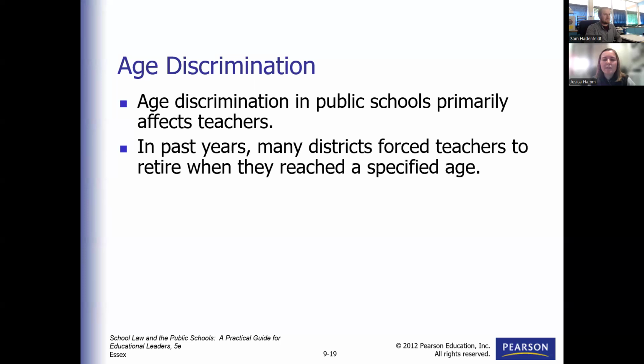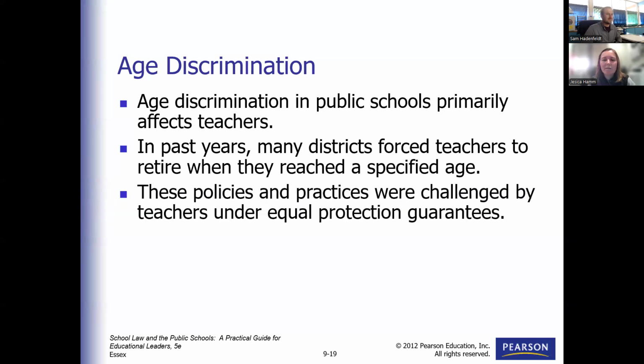So even if it's not intended to be racially discriminatory, it can still be proven that the impact does in fact have a racially discriminatory pattern, even if it wasn't intended.